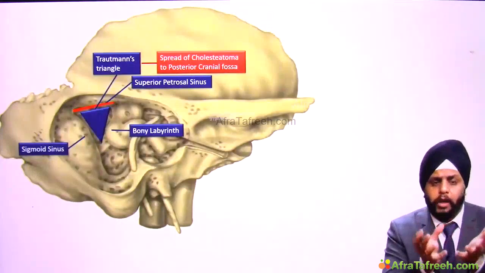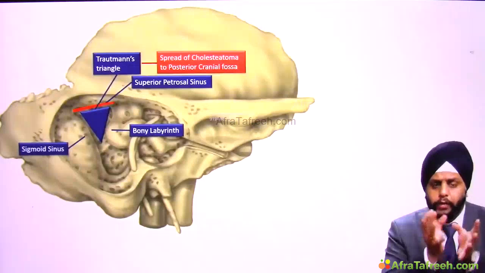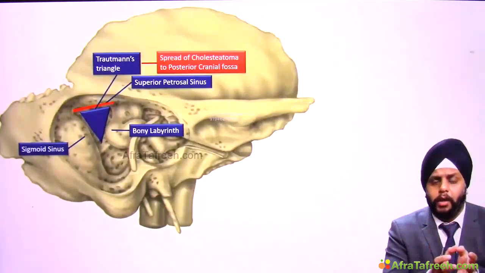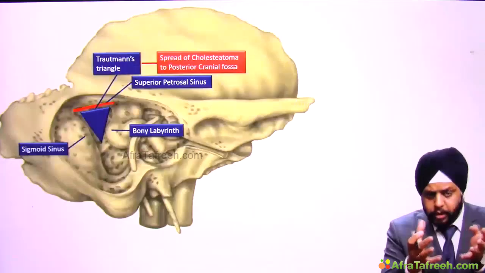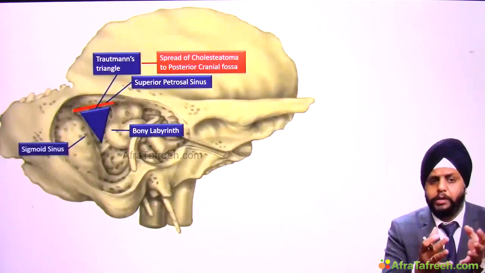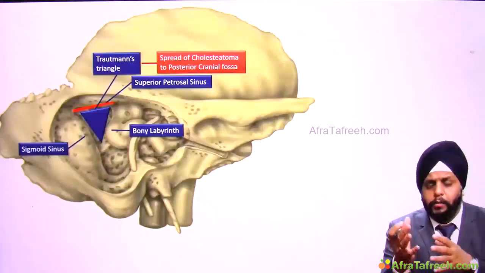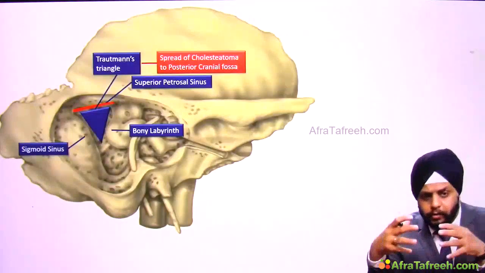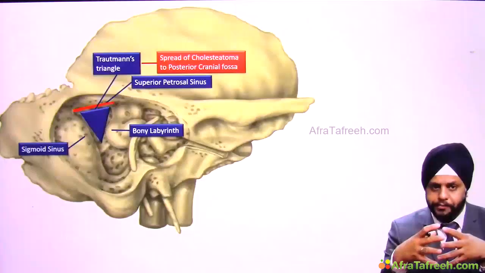Because the cholesteatoma has eroded the bone, when a surgeon is operating, he will not find the sinus plate or the dural plate. They would have been eroded. Therefore we have not considered the bone over here. We have considered the soft tissue, the sigmoid sinus and the superior petrosal sinus, because between these two vascular structures the surgeon has to operate and take out the cholesteatoma sac.